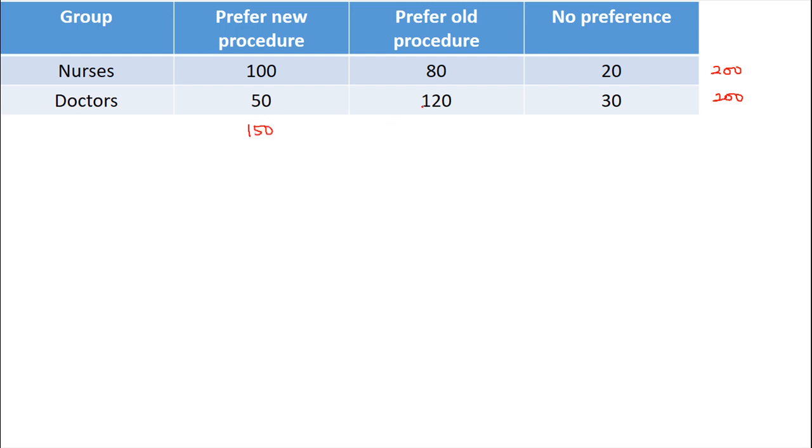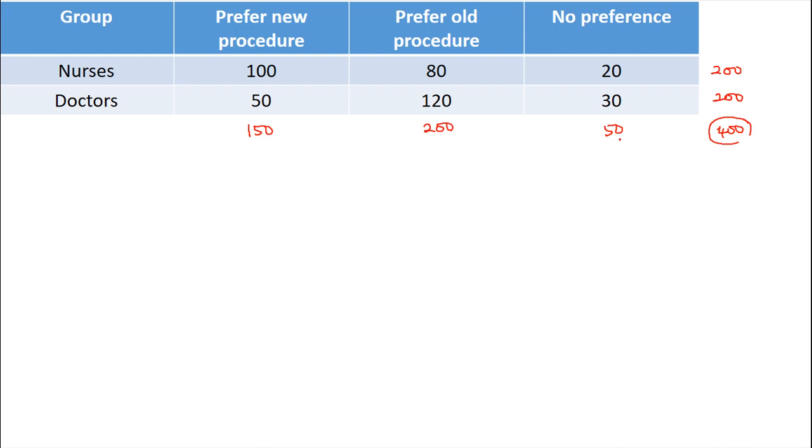The second column sum, 80 plus 120 is 200, and the last column sum, 20 plus 30 is 50. The grand total, 150 plus 200 plus 50, is 400, the total number of samples among doctors and nurses.